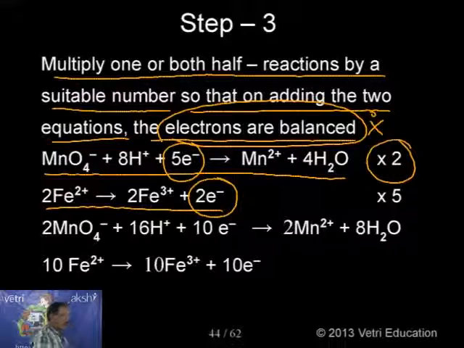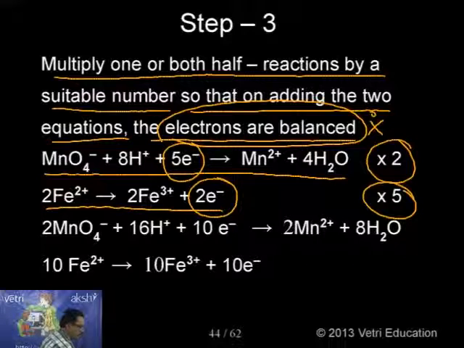So I use the minimum numbers. I multiply the first by 2, so 2 into 5 is 10 electrons for the oxidizing agent. The second I multiply by 5, so 5 into 2 is also 10 electrons. Now the total number of electrons in both cases is identical, that is 10.